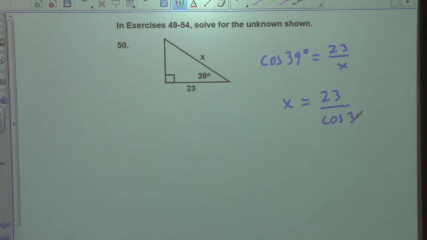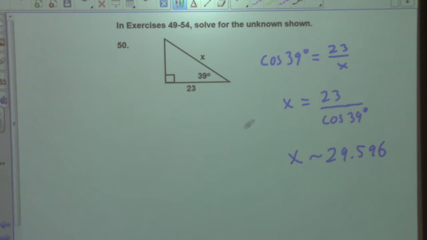Yes. So what she did for viewers, she cross multiplied the x and then cross divided the cosine 39 degrees. Is that about right? That's a nifty little algebra move she threw down on us, right? Good job, Riley. What'd you get for that? 29.596.